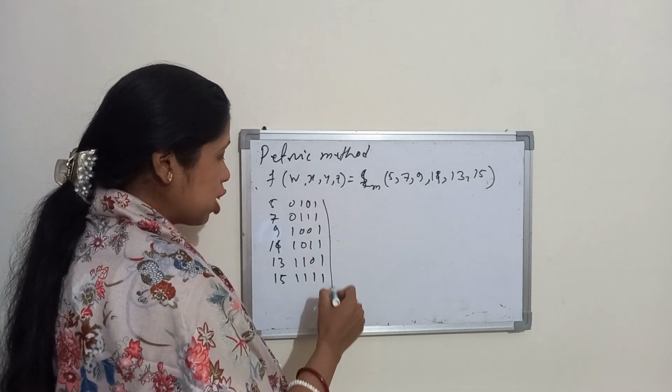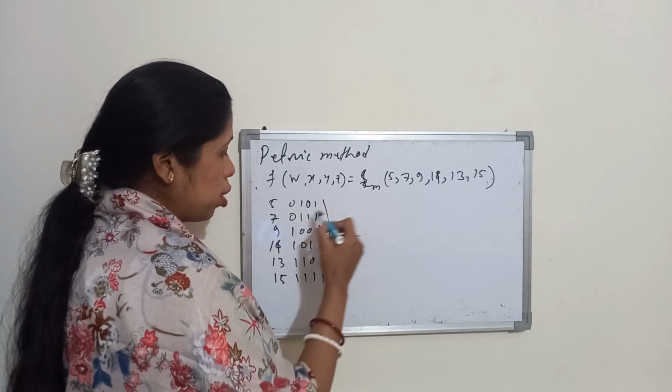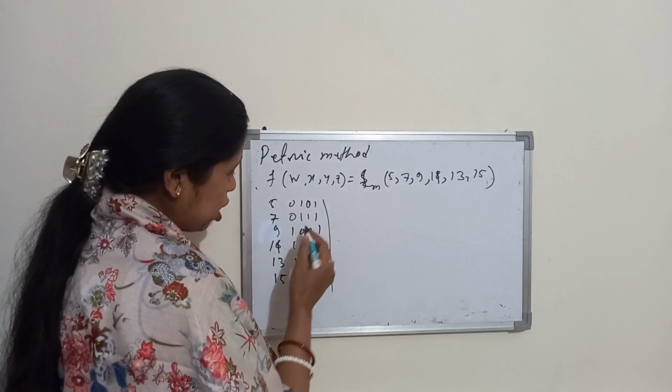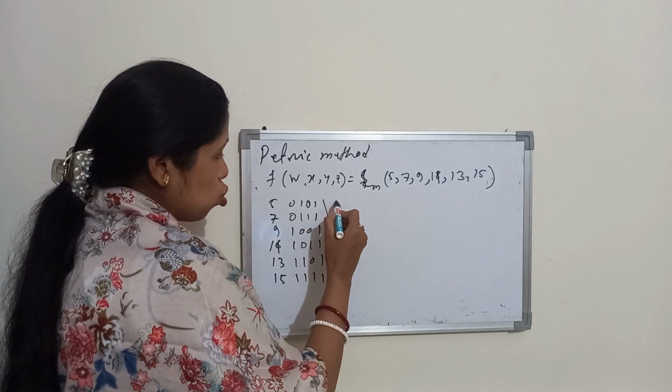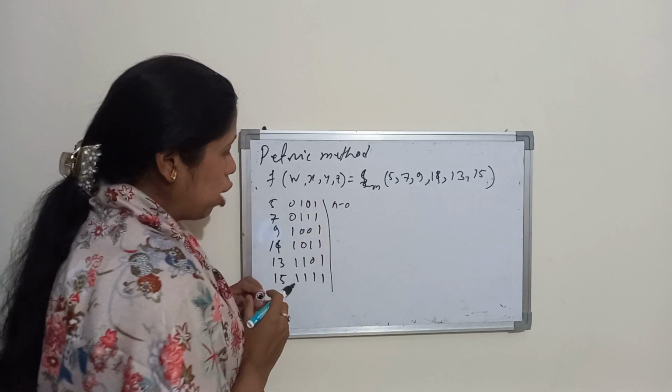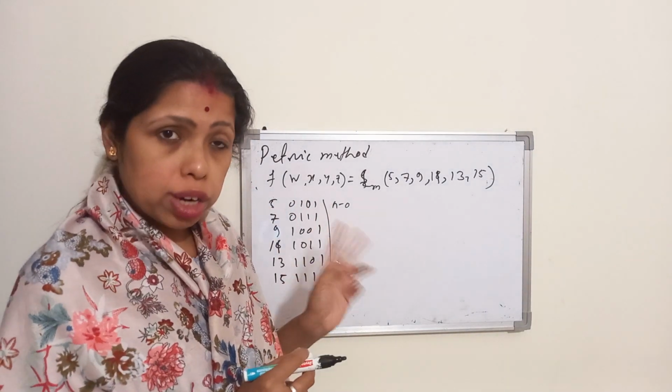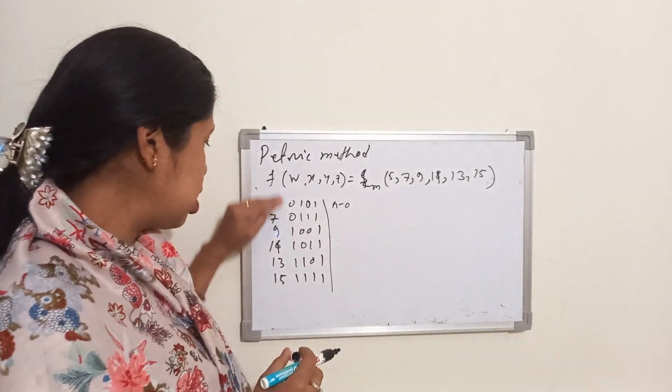Now the next step is to divide all the minterms based on the number of ones. You can see there is no minterm with a single one, right? So first is group 0. In group 0, I will check how many have two ones.